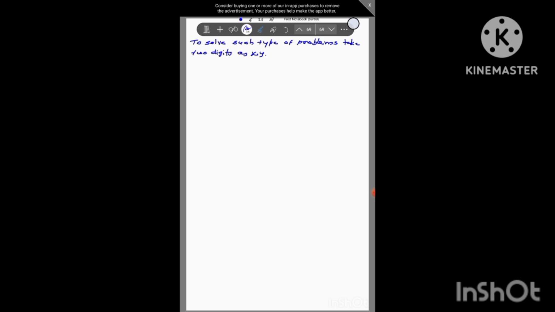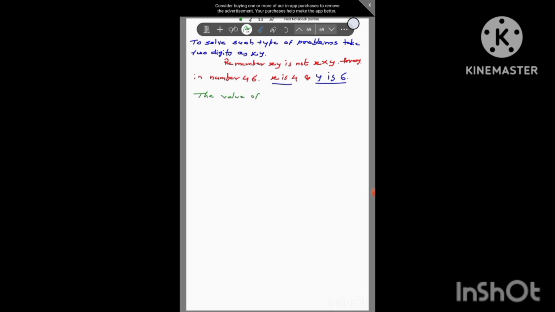Okay, now remember, this is not x into y, this is xy, just two digits. I am giving an example here. Take example as 46, where x is 4 and y is 6. We write xy, that means we are writing 46.